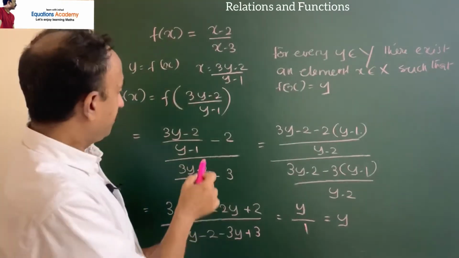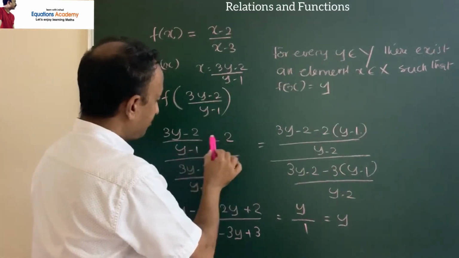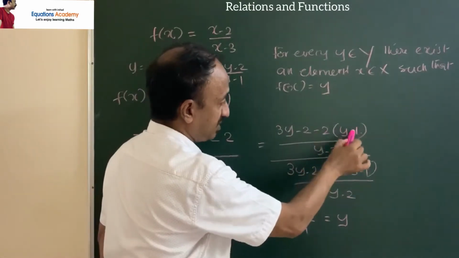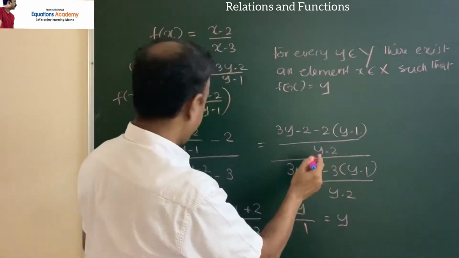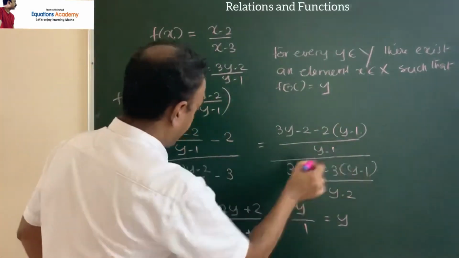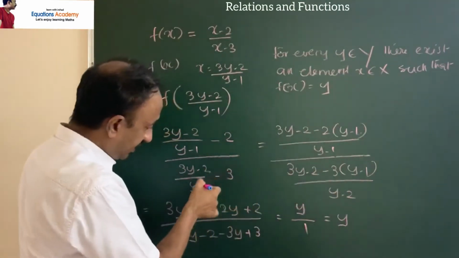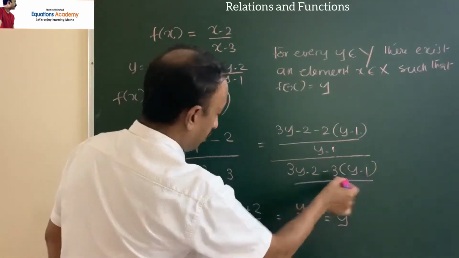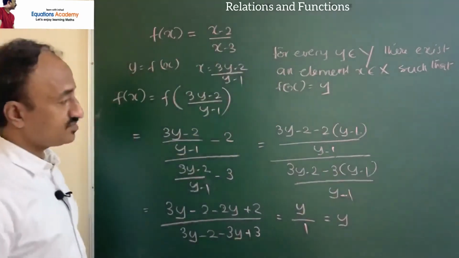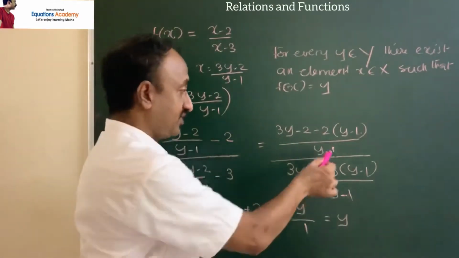Now take the LCM: 2 into (3y minus 2) minus 2 into (y minus 1), divided by the LCM (y minus 1), whole divided by, here also, (3y minus 2) minus 3 into (y minus 1), whole divided by (y minus 1). Now the denominator here is y minus 1, here also y minus 1, cancel it.